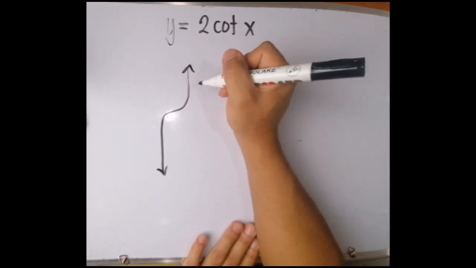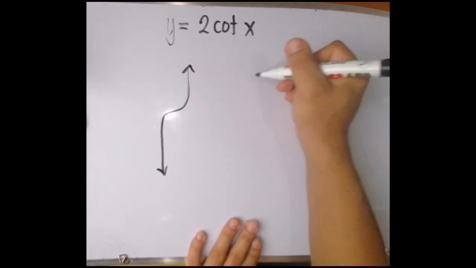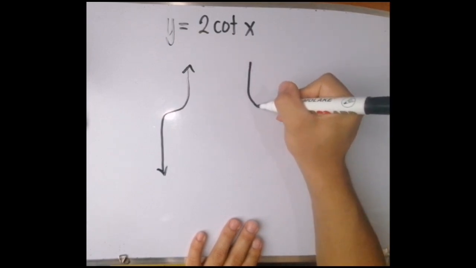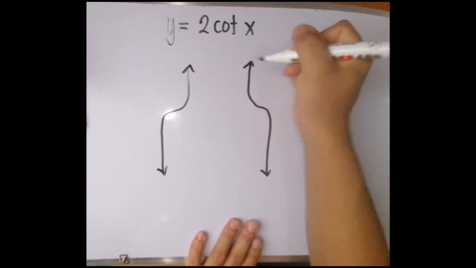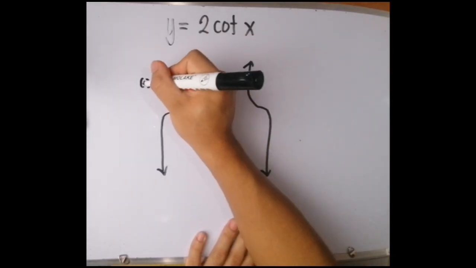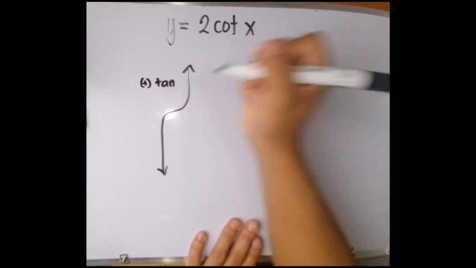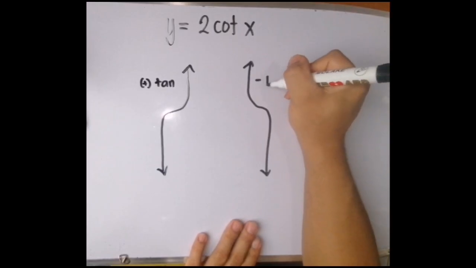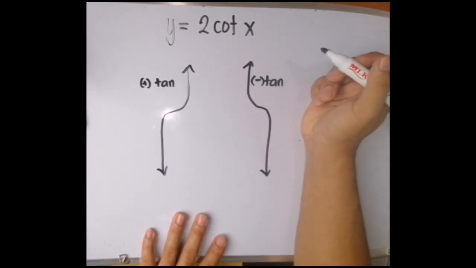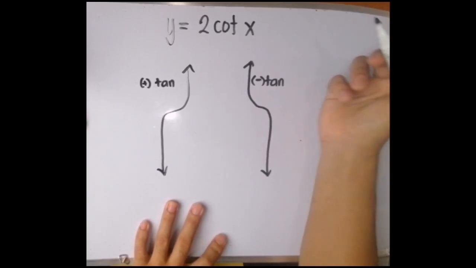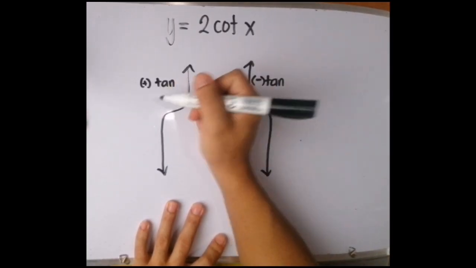While the negative tangent is a decreasing function, and it will look like this. Positive tangent and negative tangent. And positive cotangent is similar to negative tangent.